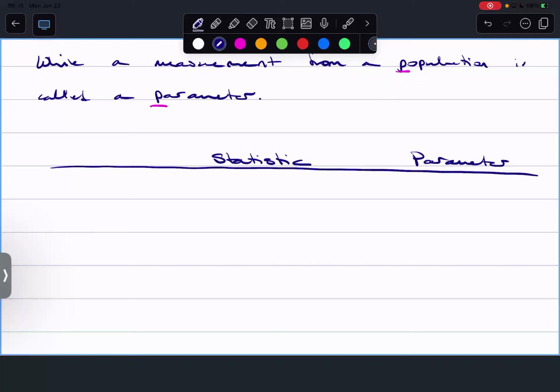And so far, we've introduced things like the mean, where the statistic is denoted by X bar. The sample mean of X, we denote it by X bar, or anything with a bar over it is a sample mean, whereas the parameter, the population mean, is denoted by the Greek letter mu.